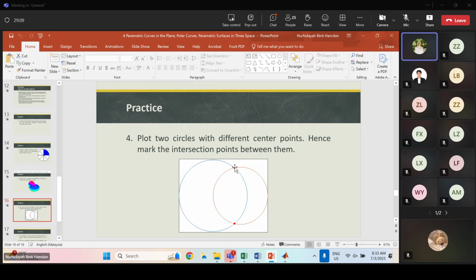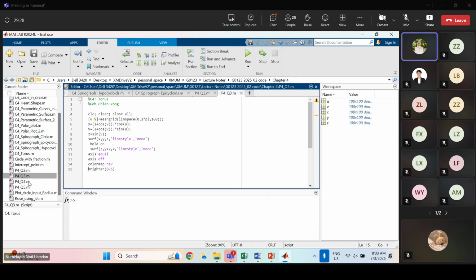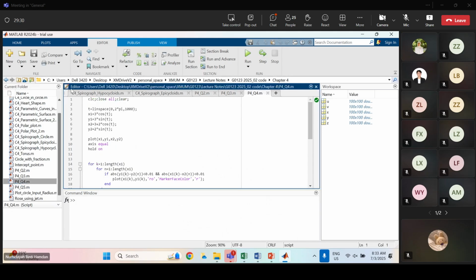First of all, you can start with this circle, followed by another circle. Then do axis equal. Don't put anything at your axis. I copy this and I put it in Teams.